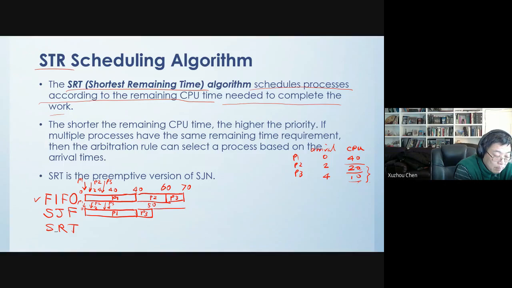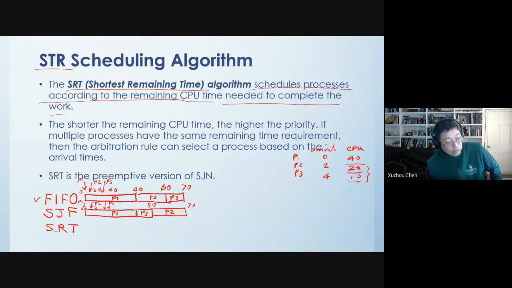And then process 2 finishes at 70. That's called shortest job first. Now when we calculate the average time, we find out shortest job first is much better than first come, first serve.